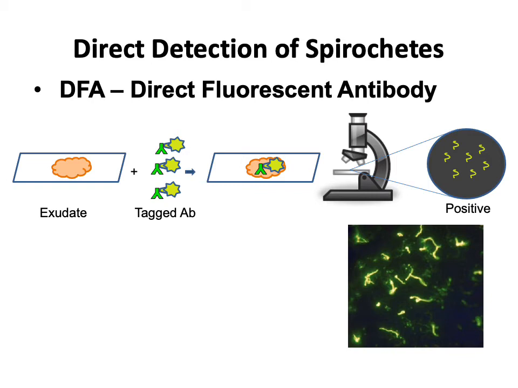The advantage of this method is that you do not have to have a live organism, and it's more specific. DFAs can be used for tissue specimens as well. The disadvantage is that you have to have an active lesion with an exudate that contains the organism, which is not always the case.